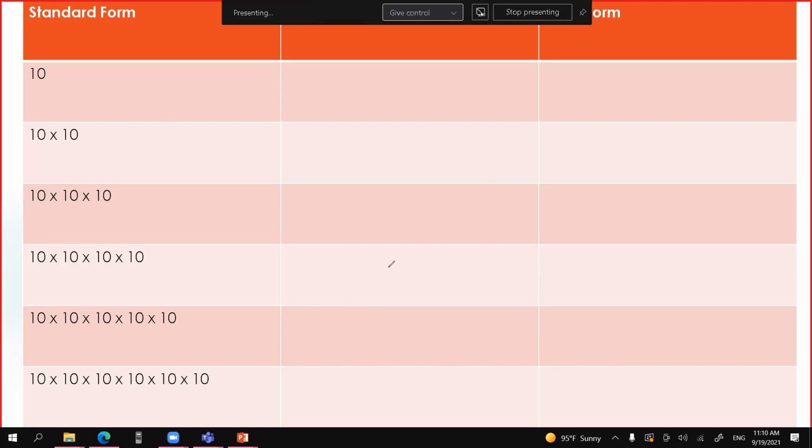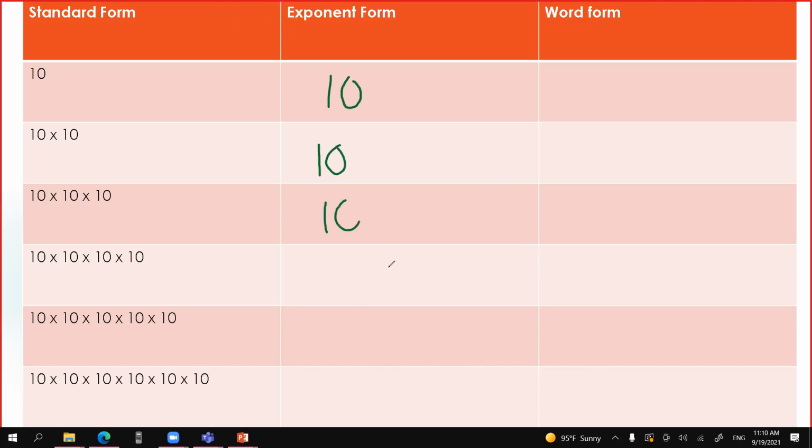For this lesson, as I told you, I have to write number 10 as the base. So for all of these numbers, the base here is 10. But my question is, how many times should I repeat number 10? Look at the first one here. How many times is number 10 repeated? 1 time. So it's going to be 10 to the power 1.